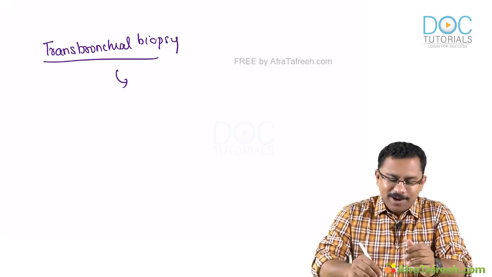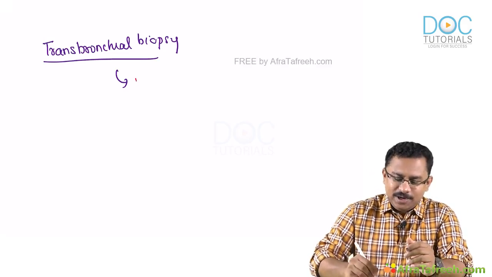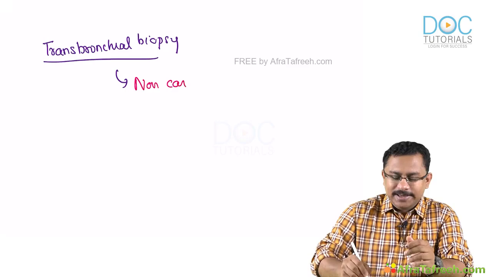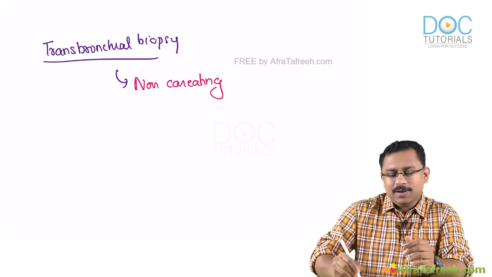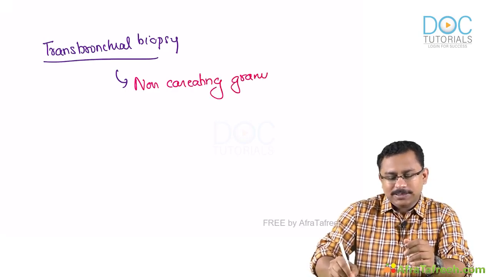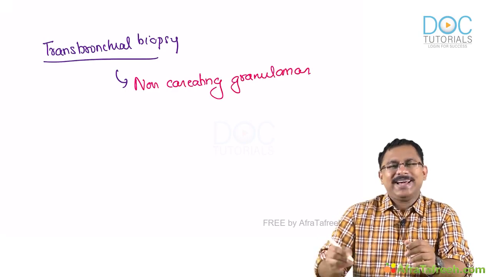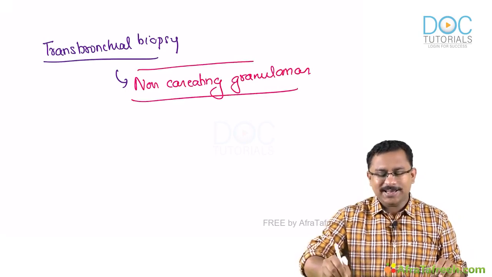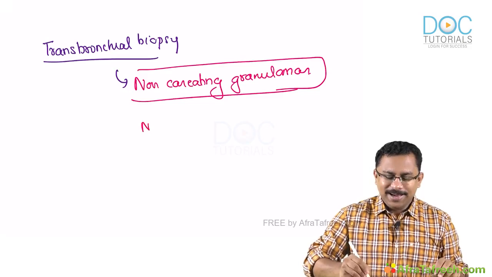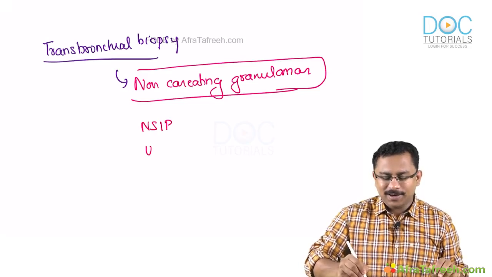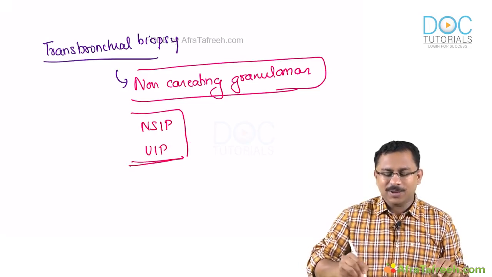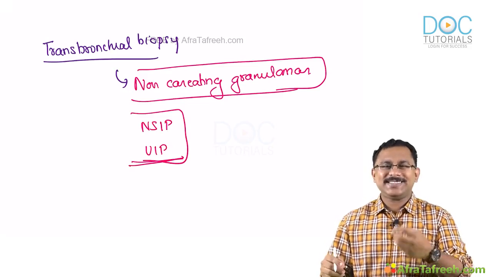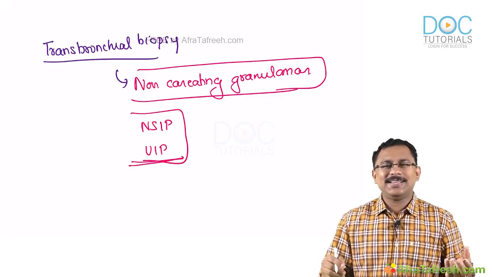And what you get in biopsy is non-caseating granulomas, and sometimes, in addition to the non-caseating granulomas, you can get patterns like your NSIP pattern or UIP pattern, that is non-specific interstitial pneumonia and usual interstitial pneumonia.